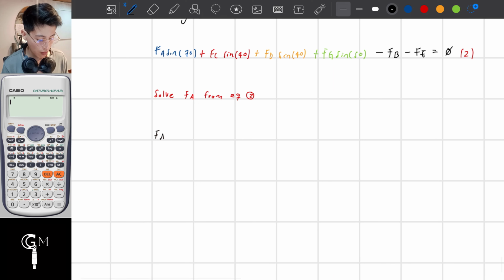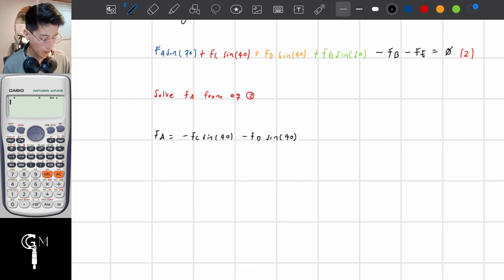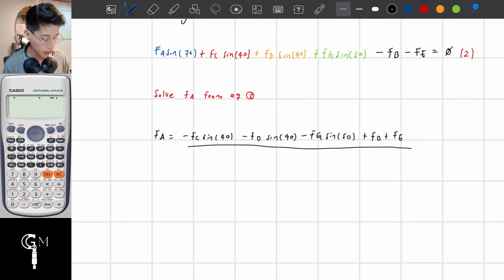In this case, FA is going to be equal to minus FC sine 40 minus FD sine 40 minus FG sine of 50 plus FB plus FE, and all this divided by sine of 70.